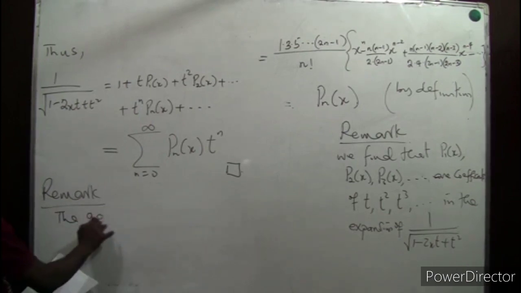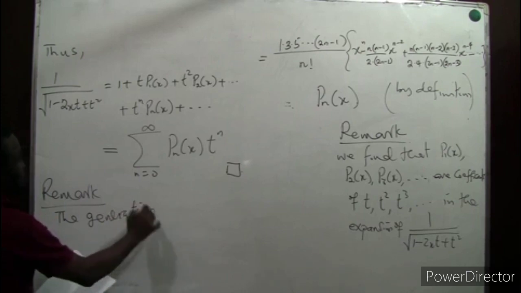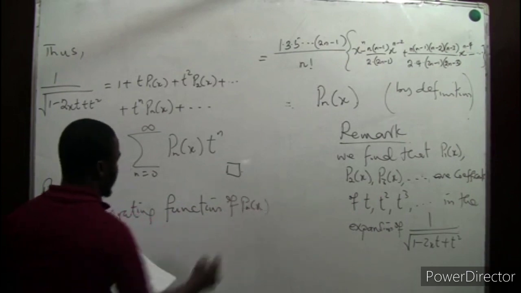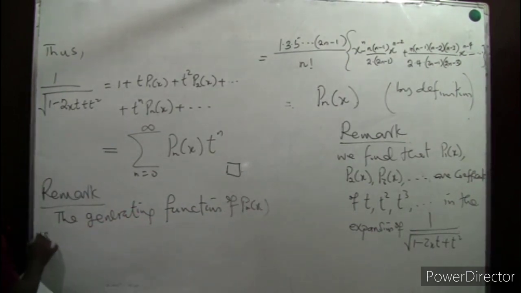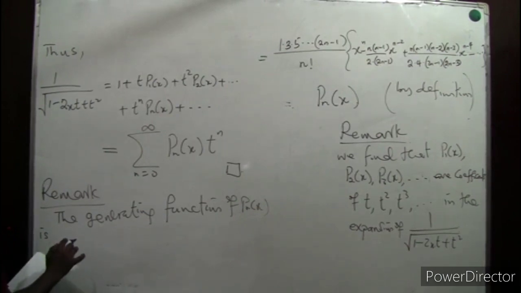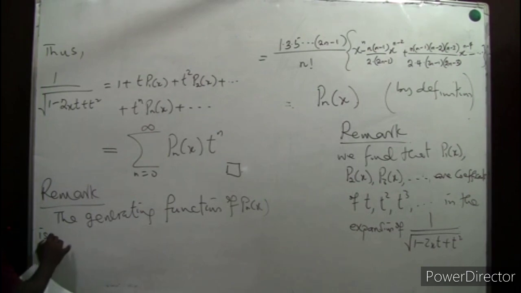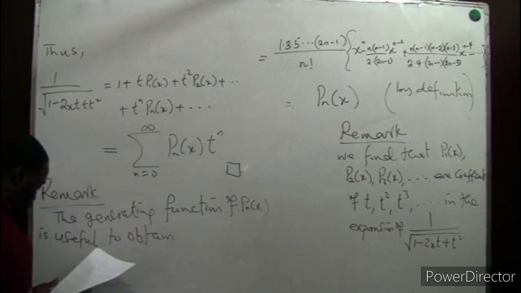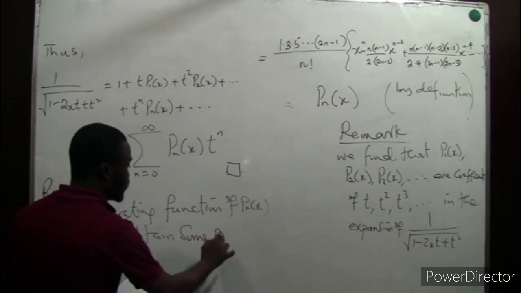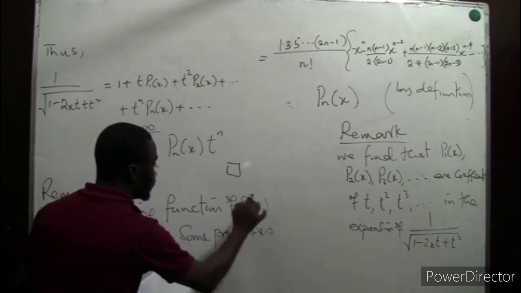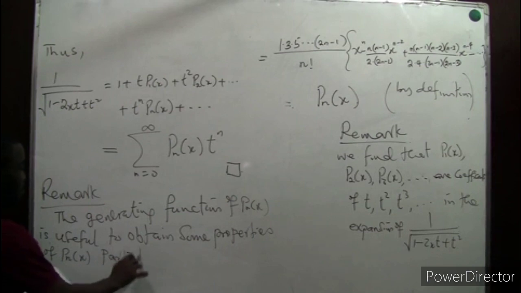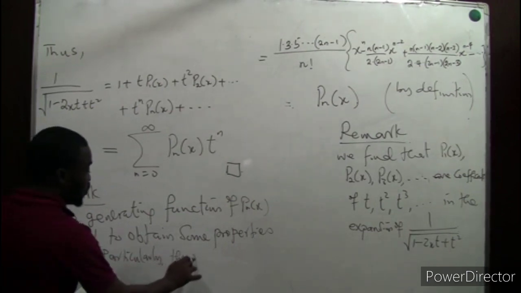The generating function of Pn of x, which is the Legendre polynomial of first kind, is useful to obtain some properties of Pn of x, particularly the recurrence relations.